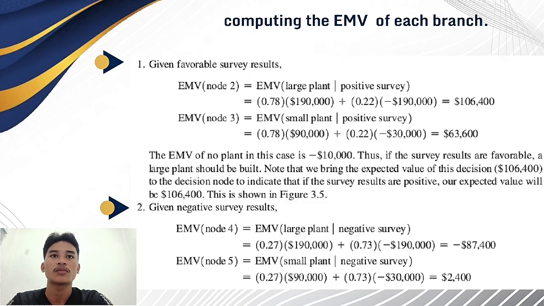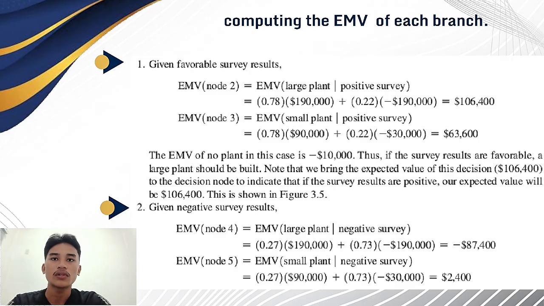First is to multiply the probability times the corresponding payoffs and sum up to the corresponding positive survey. So for node 2 we have $106,400. For node 3 we have $63,600.